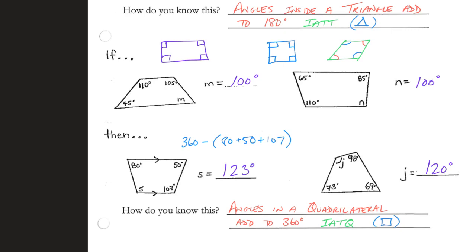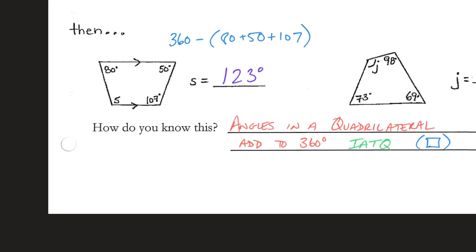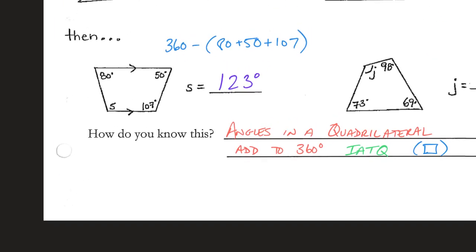How do we know that? Because the angles in a quadrilateral have to add to 360. And there in green is your official way to quote it, interior angle theorem for a quadrilateral. Or give me your answer and draw in a little box afterwards, and your reader knows what you used.